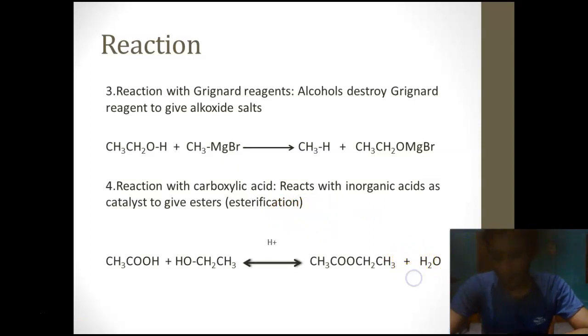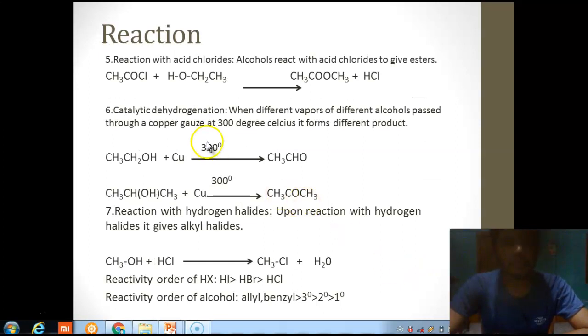Okay, so next reaction with acid chloride. What are acid chlorides? Acid groups, for example CH3C=O, C2H5C=O, along with chloride. These are known as acid chlorides. Alcohol reacts with acid chlorides to give esters.